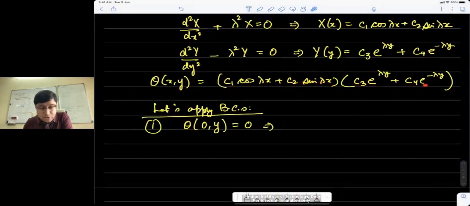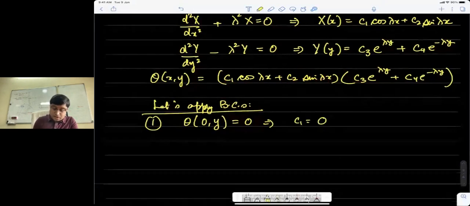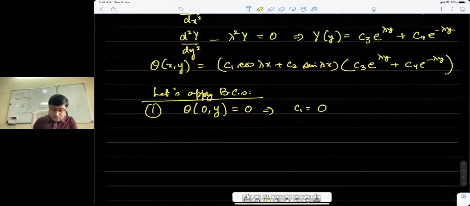There's no change to the cosine term. But then we have c1 times this number to be 0, and clearly the only way that is possible is if c1 is 0. So we get the first constant of integration from this method.